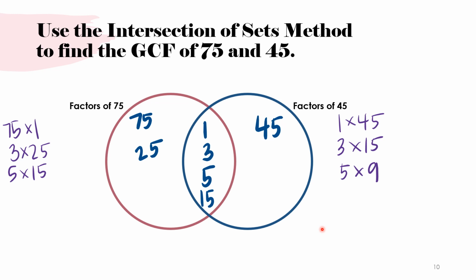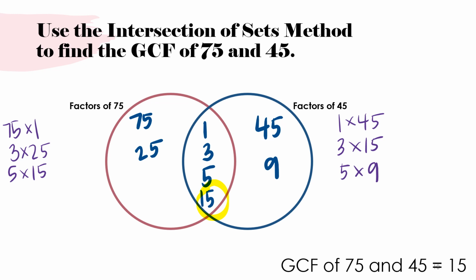That's where those common factors are, and then you're just going to pick out the largest value that they have in common. So the largest value that they have in common is 15. Excuse me, I'm sorry, I missed a number there. 9 was supposed to go over there with the 45. But now we see that the greatest factor that they have in common is 15, so the greatest common factor is 15.